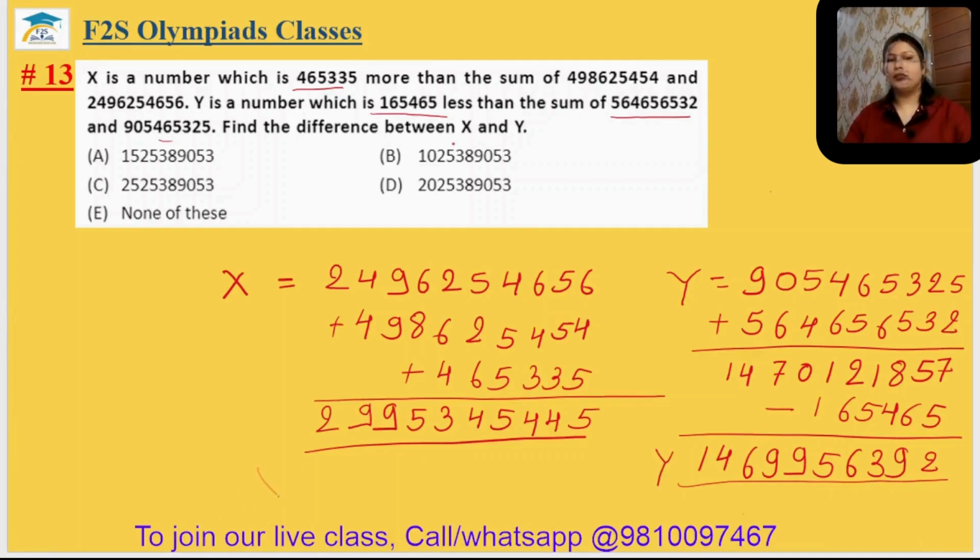Okay. Now the difference between X and Y. So X minus Y: X is 9953, 45445, minus 14699, 56392, equal to 152538953.